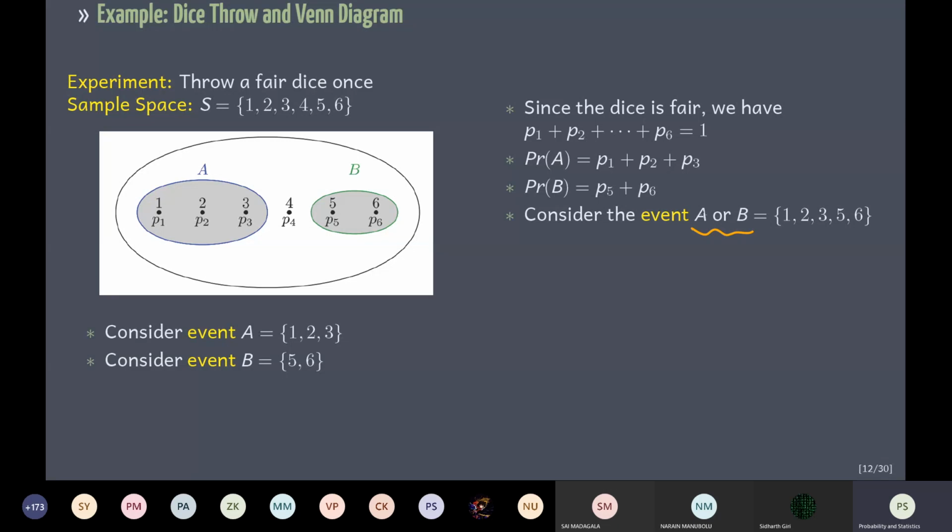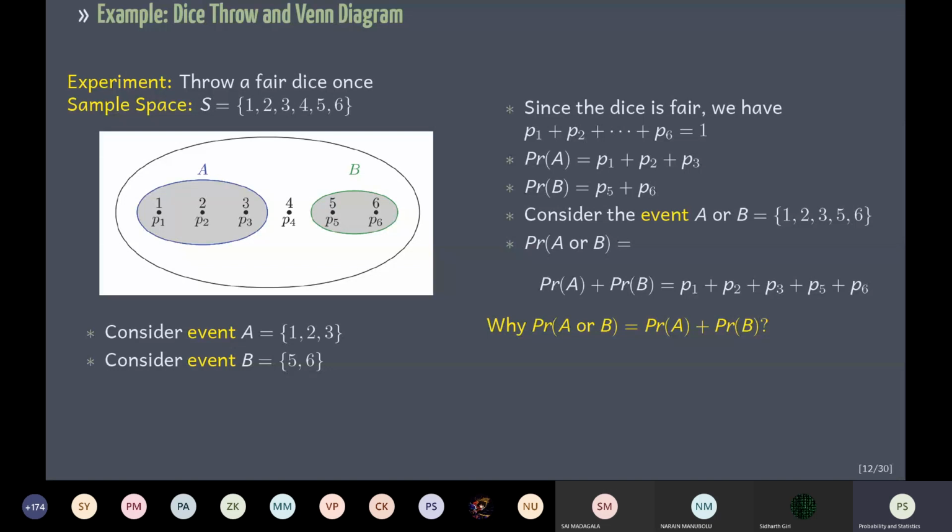So either happens. When someone asks you the probability of event A or B, as a set you have to take the union. If you take the union, this is what you get: 1, 2, 3, 5, 6. 4 is left out.